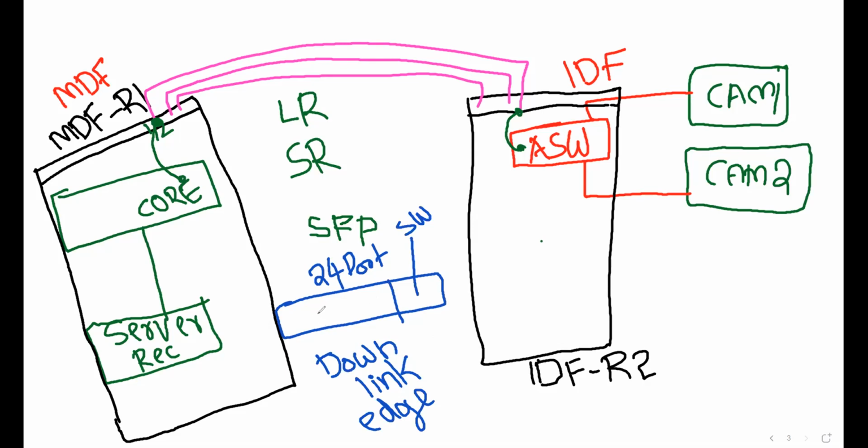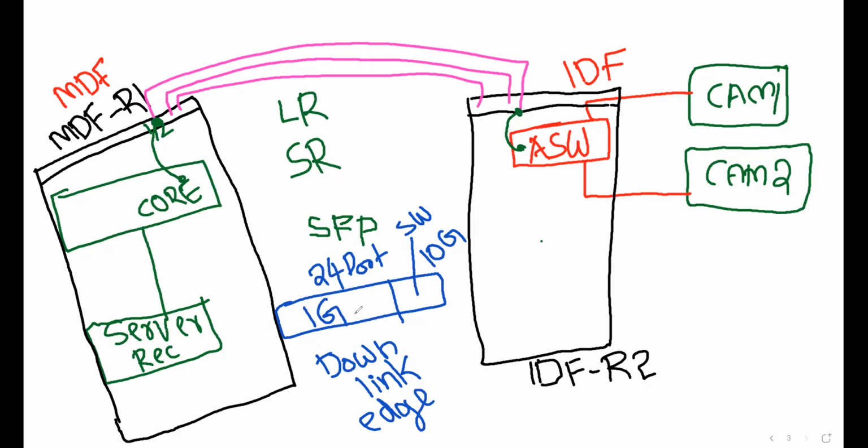If my switch downlink is, for example, 1 gig speed, then my uplink must be 10 gig. Switch to switch interconnection must always be a higher speed than the edge device connection.